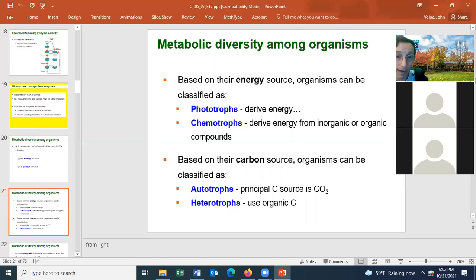Phototroph means they derive their energy from light. And obviously, green plants and green photosynthetic bacteria are phototrophs. If, on the other hand, the organism gets its energy needs from a chemical, we call them a chemotroph, and they derive their energy from an inorganic or organic chemical compound.